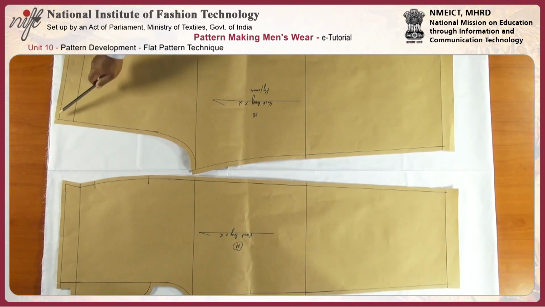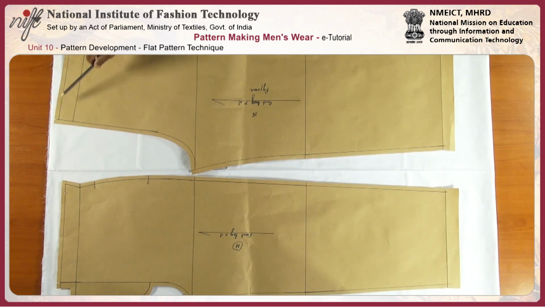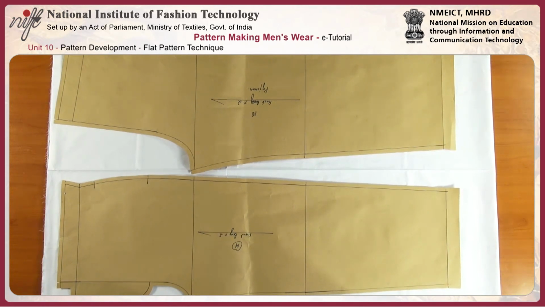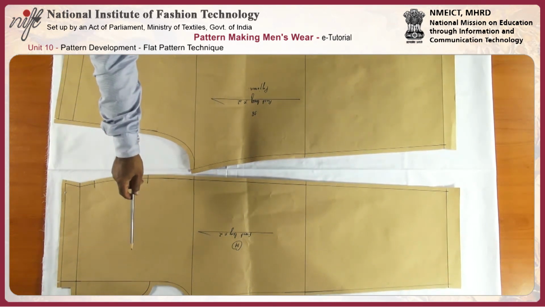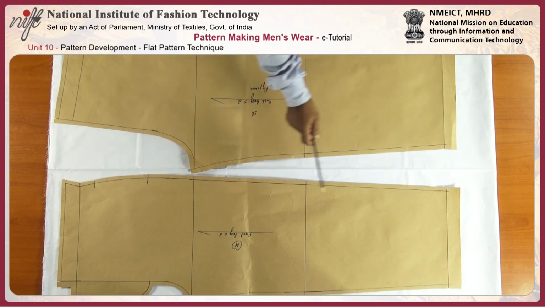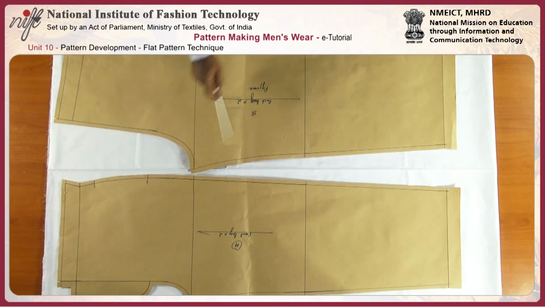So here the shape is taken slanted, and here also in the front it's taken straight, flat turn up is there, which will consume slightly more fabric, but it's advisable to place like this.